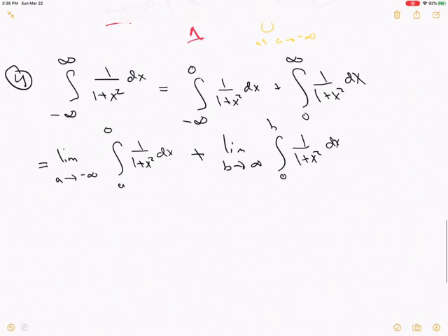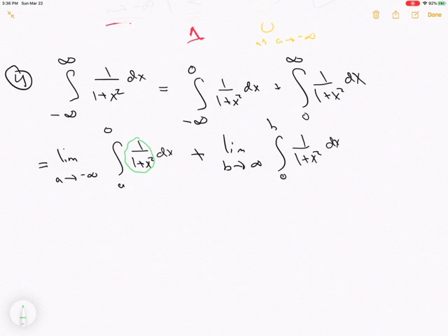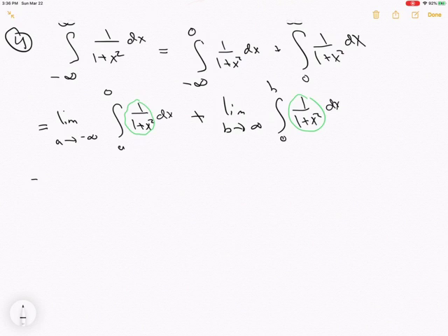And both of these have the same antiderivative, and I mean they're clearly the same integral. Let me just make that a little bit clearer. So we're integrating this thing here, and we know that the antiderivative that we're looking for is inverse tan. So you should know that it's in a table of common antiderivatives.